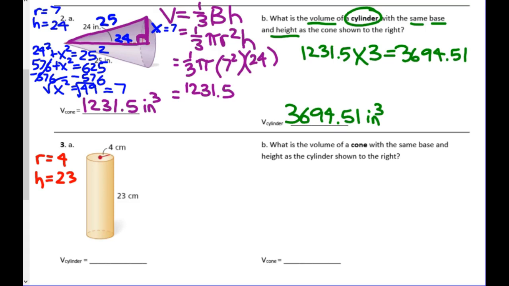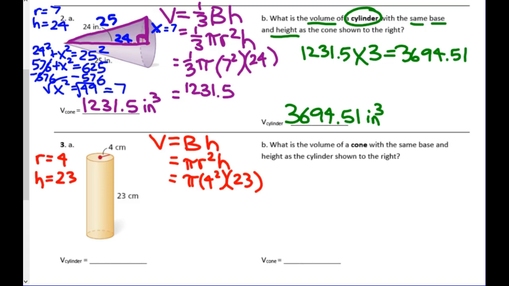V equals what? Good. BH. And remember, capital B is pi r squared. So pi r squared h. And then we replace r with 4. Pi 4 squared. H is 23.